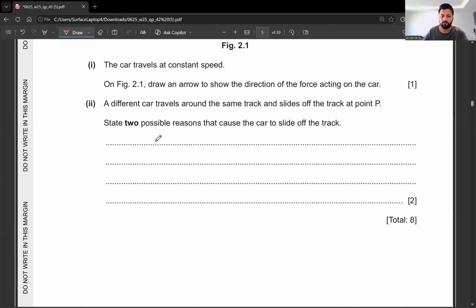So you can write high speed first. The second, you can mention friction between tires and roads, or you can just mention the tires are not in good quality. The third, you can mention large mass. That is also a possibility.